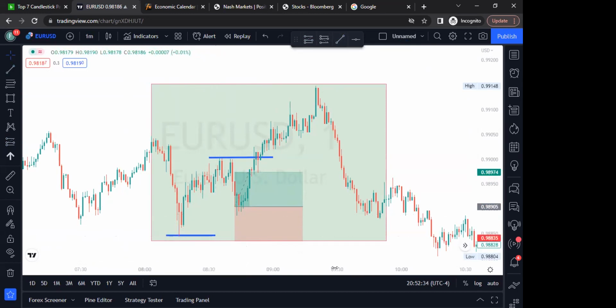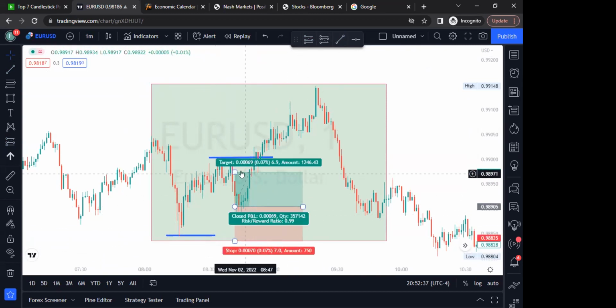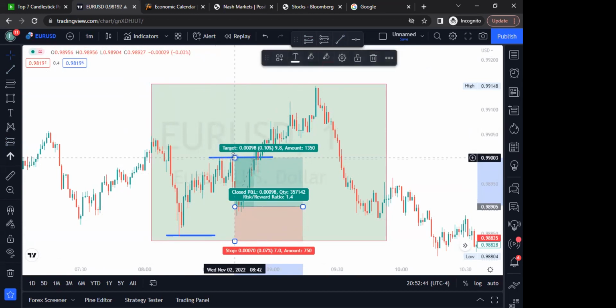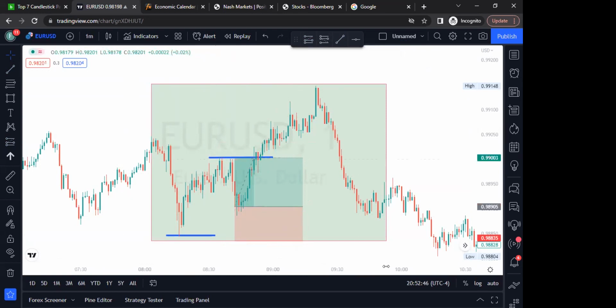Question. Go ahead. So this line that you draw, this box, do you have a specific area where you put it, or do you put it at the very end of the candles? So are you saying for these blue lines?